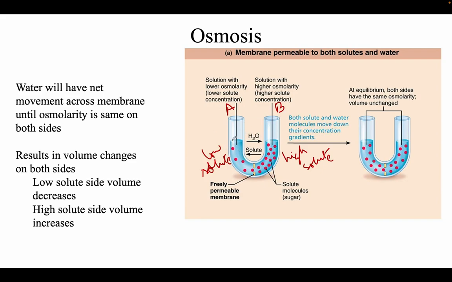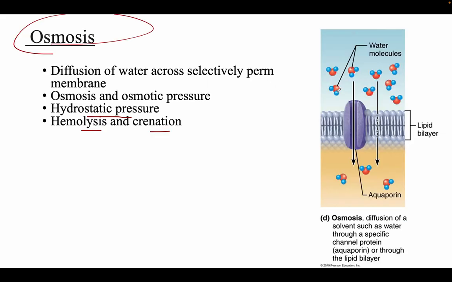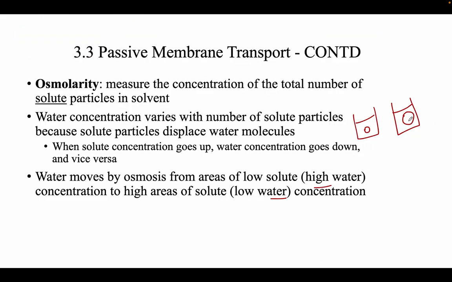because solute is less here, therefore water is more here. In this tube, more water, and here we have less water. Why? Because here is more solute inside B. We just discussed that if we add more solute to water, it will displace the water.